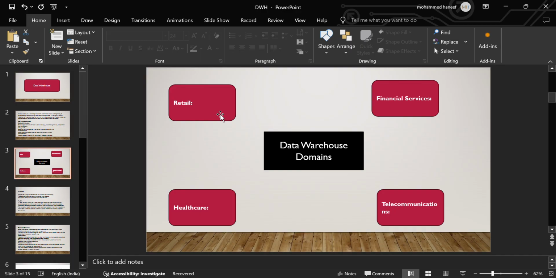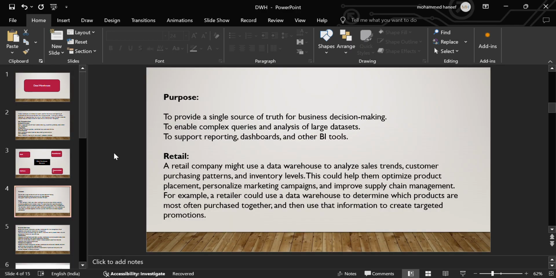So I have drafted it like this. I hope you understood this concept of data warehousing and the types of domains in data warehousing. Already in the last class we saw what retail is and what they do in the retail domain.